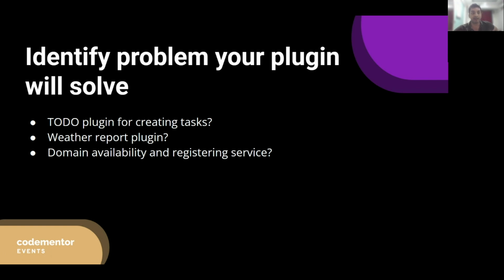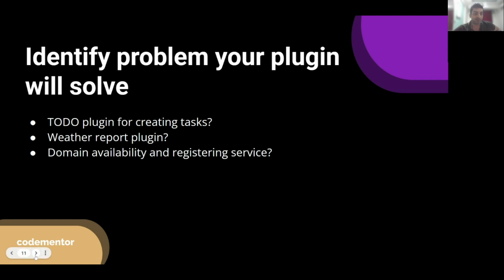Obviously, there will be much more complex plugins that people are developing, but if you want to start developing your own plugin, these are some ideas to get started. For this talk, I have taken the third topic, domain availability and registering service, as an example, and I'll be showing you how you can create this simple plugin for ChatGPT.